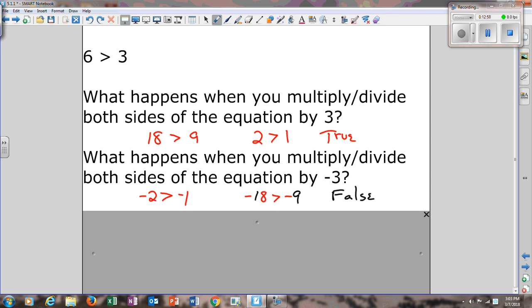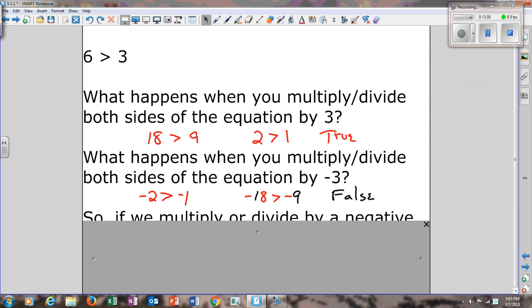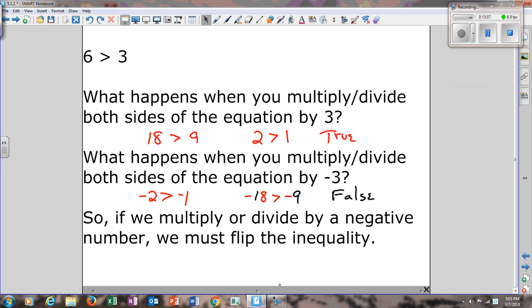Now, we're going to learn a rule here that will make it all okay. If we multiply or divide by a negative number, all you have to do is flip the inequality. So we divided by the negative number.